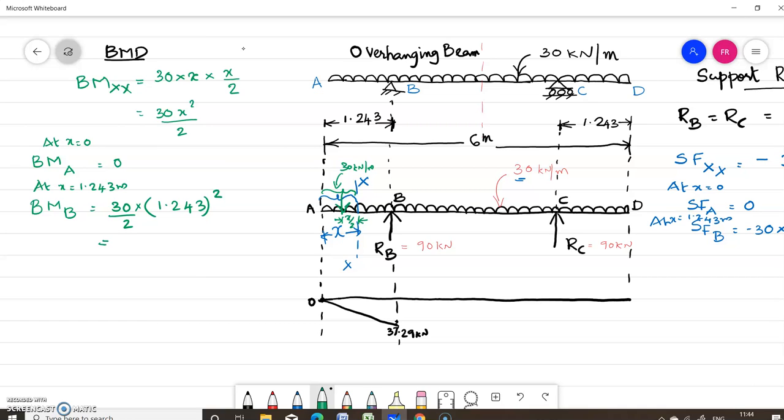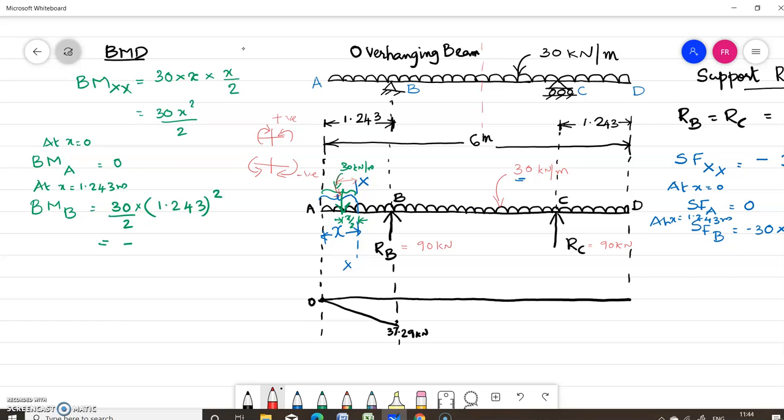So you get bending moment equal to minus. Now what is our sign convention for bending moment? Sign convention is left clockwise is positive. So actually this moment is trying to rotate about the section line in the anti-clockwise direction. So our sign convention is left anti-clockwise is negative.